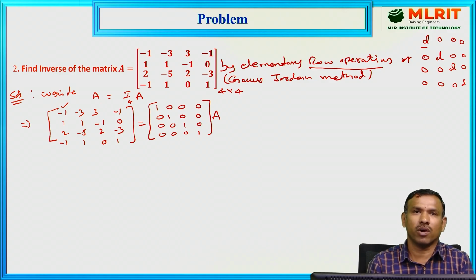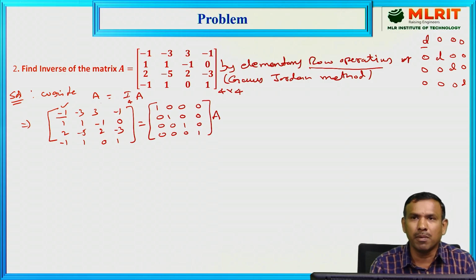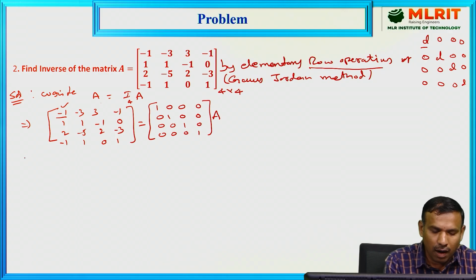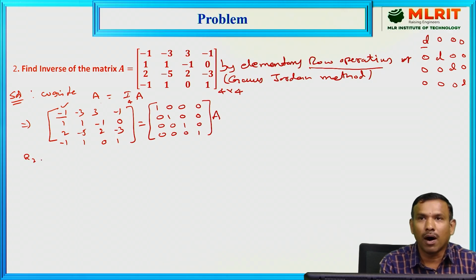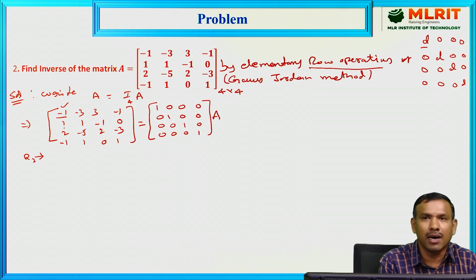That is the Gauss-Jordan method. Now look at the operations using R1, minus 1. We have to make the other elements 0, right? R2 implies R2 plus R1: minus 1 plus 1, 0.